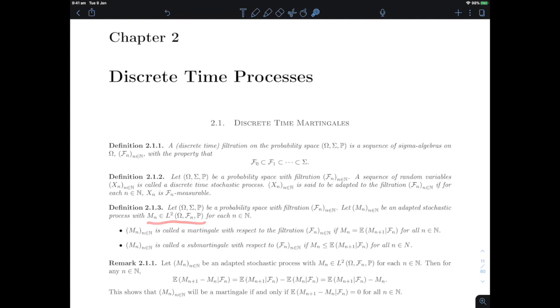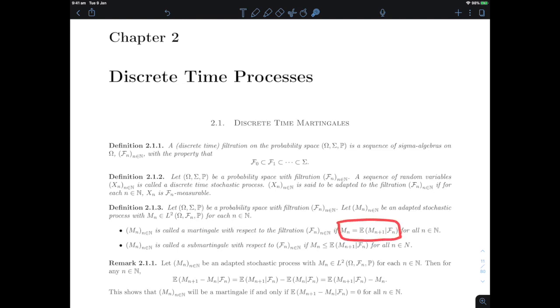So we quantitatively assume that Mn is not just Fn measurable, but also square integrable. And then we call it a martingale. You cannot be just a martingale with respect to nothing. You're a martingale with respect to a given filtration. And if you change the filtration, certain things will stop being a martingale or start being a martingale.